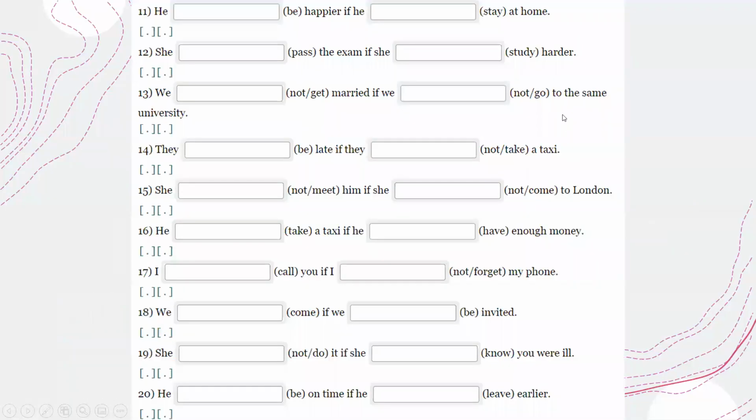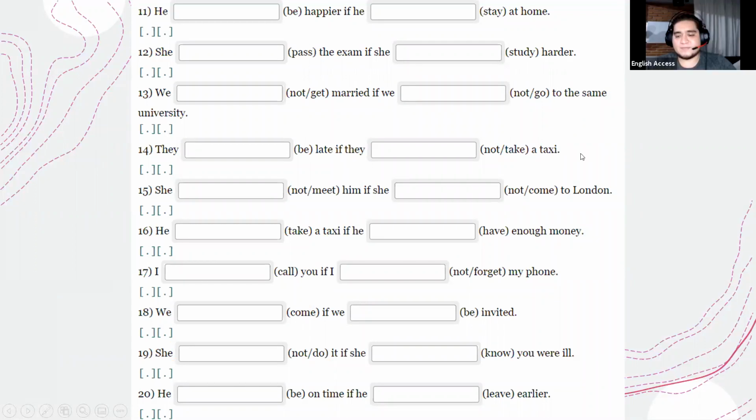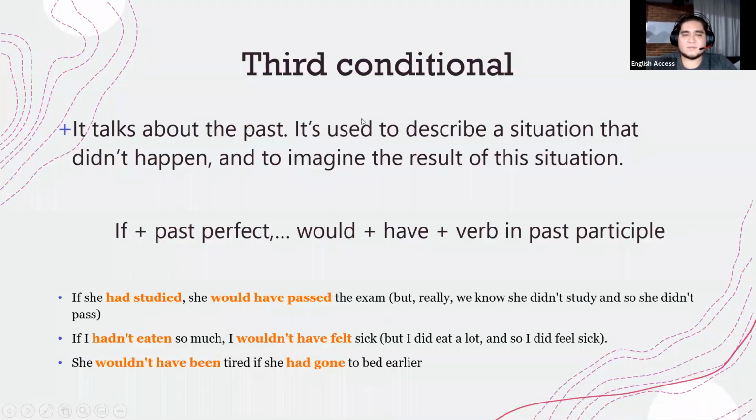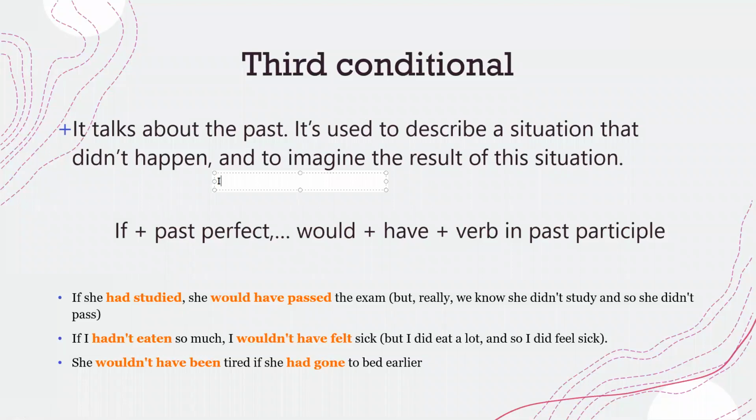All right, I have an example. Oh, okay, bring it. If I hadn't tried to participate in the competition, I wouldn't have been in this course. Correct.